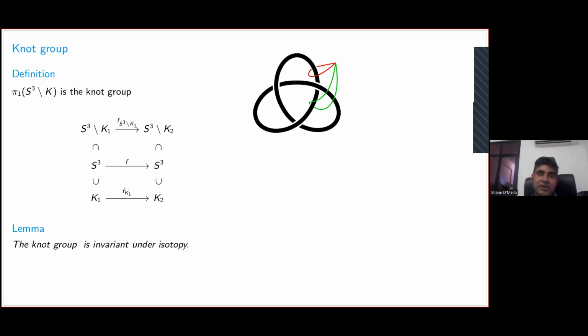Therefore, if you're given two different diagrams and you get a different invariant, then you know that these two diagrams represent completely different knots. If the invariant turns out to be the same for both, then the question is still open, because maybe the invariant is not strong enough. Anyway, how good is the knot group as an invariant?